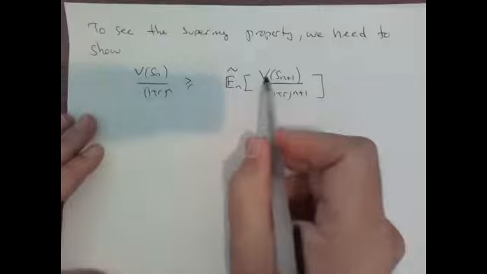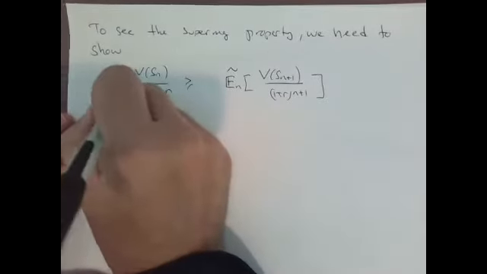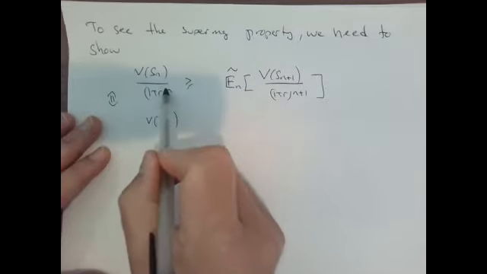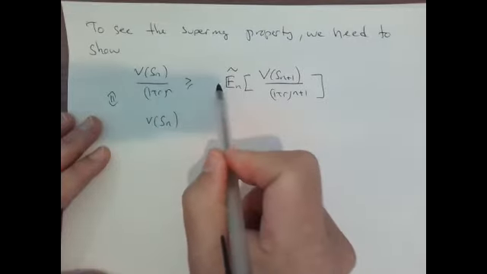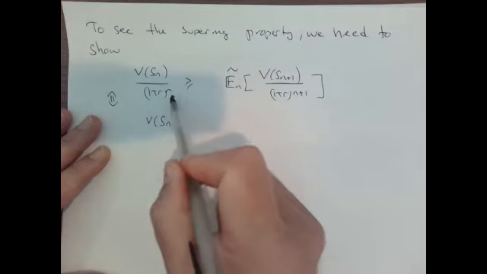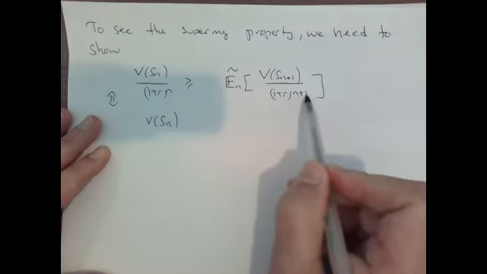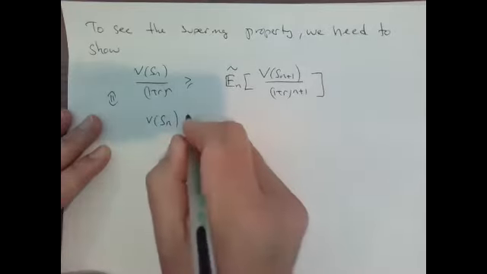Okay, so then I can simplify. I can see that this is the same. I move this quantity here on the other side. I can put it inside the expectation because it's a constant, and it'll eat away most of what I have down here. It'll just leave me with 1 plus R downstairs.